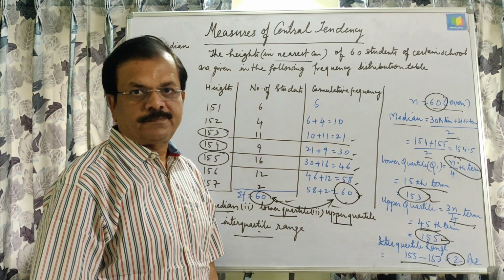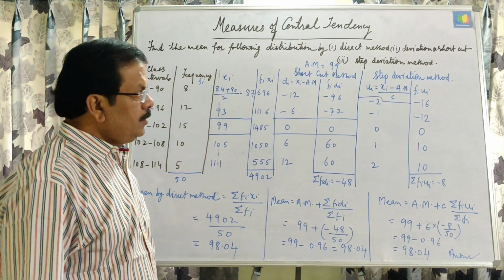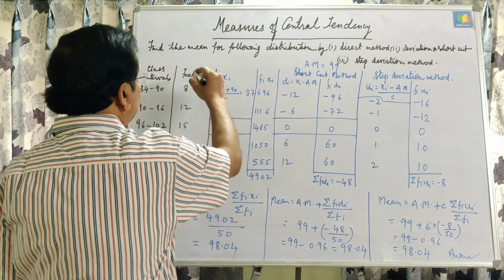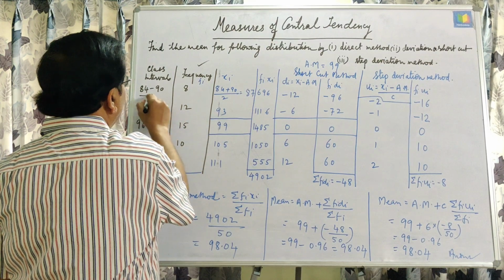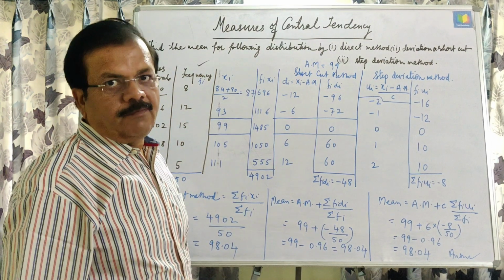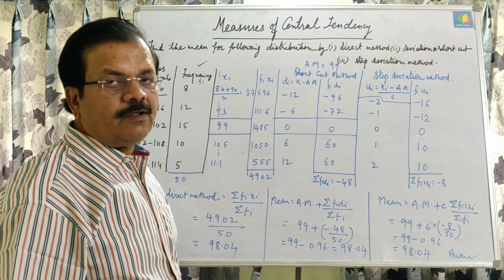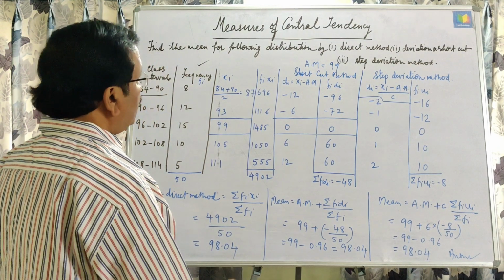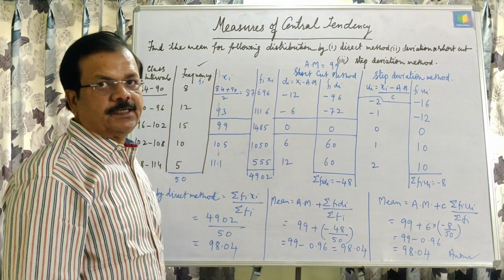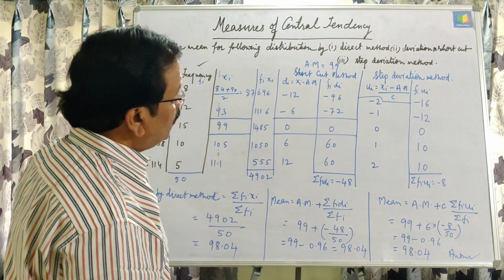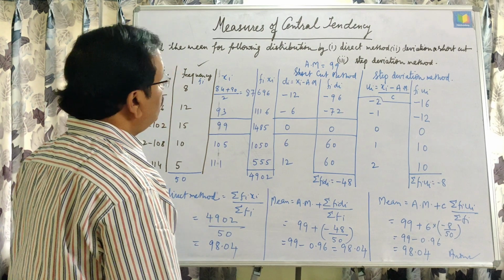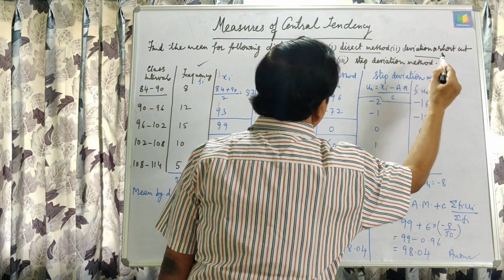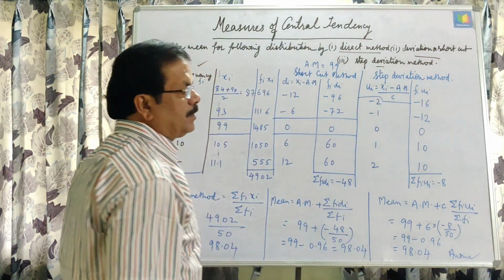Now the next question. This is the type of question where the frequency distribution is given in terms of classes, whether continuous class interval or discontinuous class interval. Then we can use 3 types of methods: direct method, deviation or shortcut method, and step deviation method.